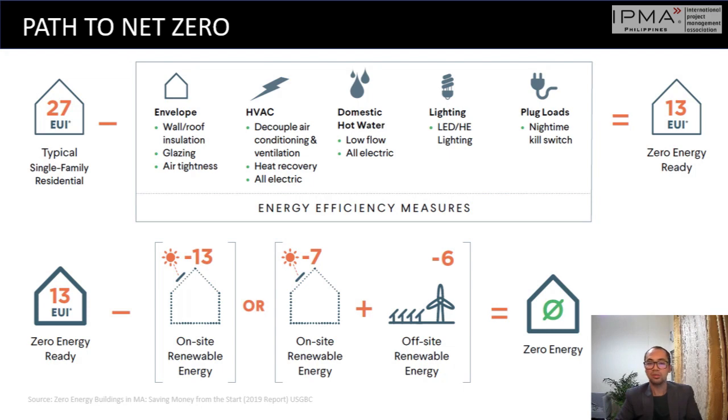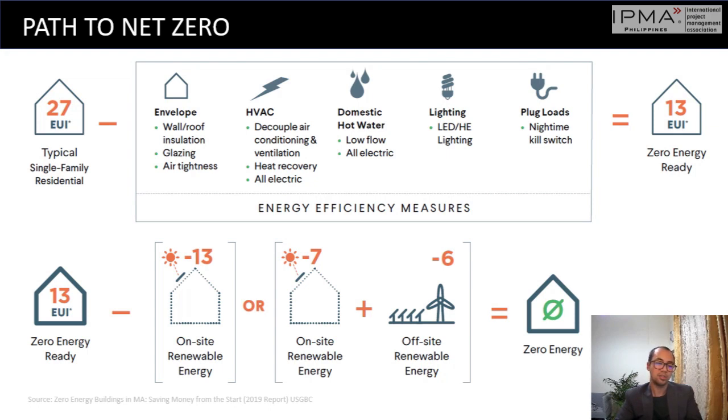Once we determine these energy conservation measures, then we will be arriving at a zero energy ready project. Then the EUI here is the proposed case or the improved case of the project.